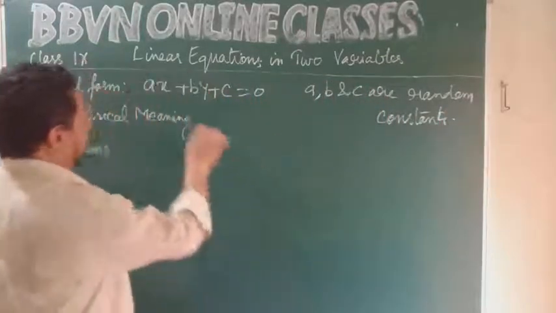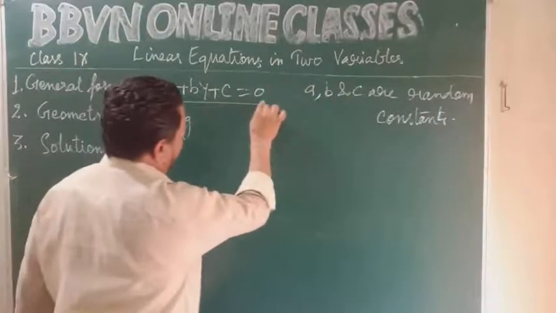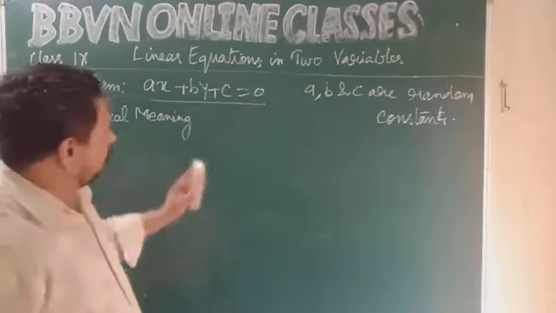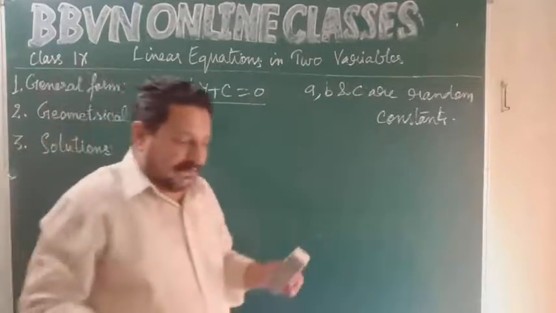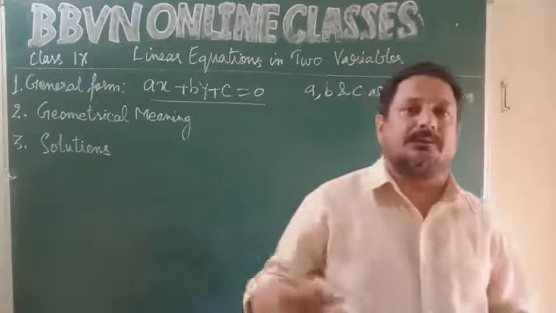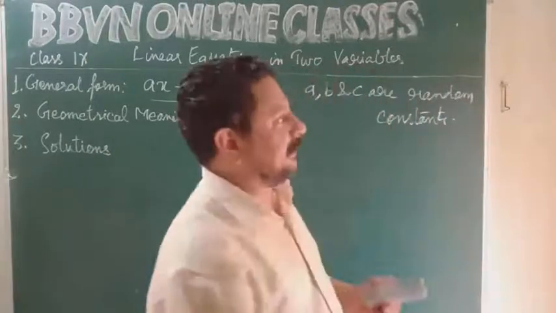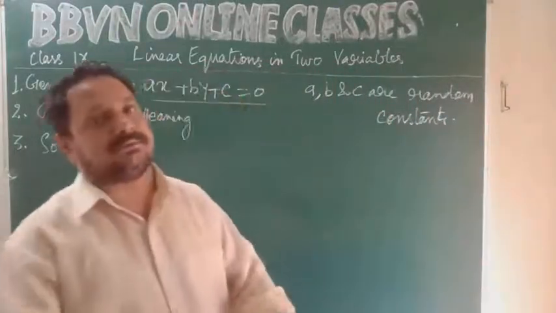So this is the general form of a linear equation, right? You have two variables, one is x, one is y. According to your ease, you can express any one of the variables in terms of another.